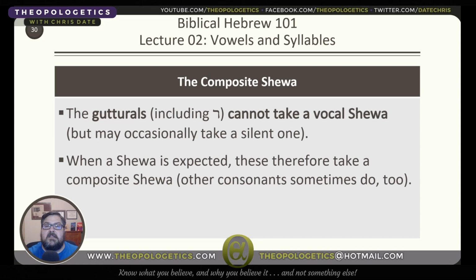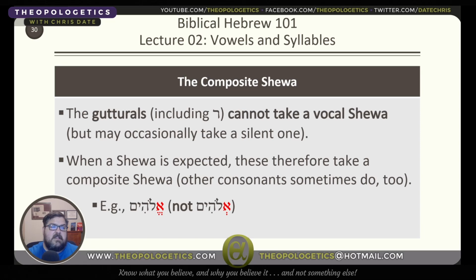But it's important to recognize that other consonants sometimes take the composite shewa as well. So even though this is largely about putting a shewa under a guttural, which normally can't take it, nevertheless, you will sometimes see composite shewas under consonants that are not gutturals.